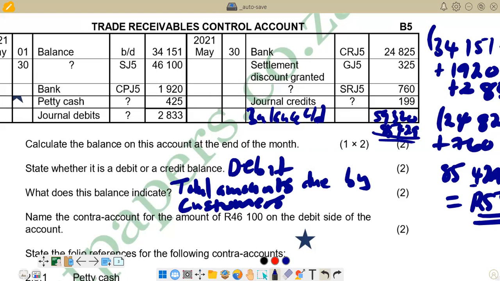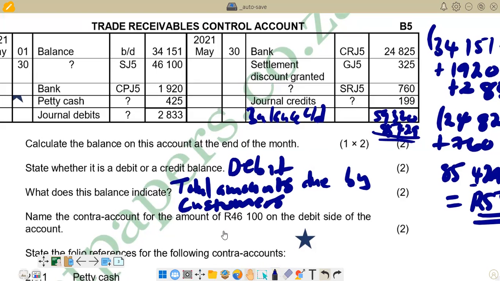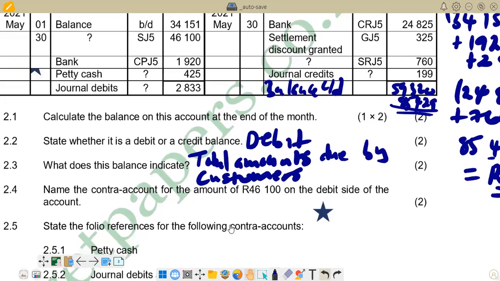Then we move on to the next question. The next question is 2.4 and it's saying name the control account of the amount of 46,100 on the debit side of the account. So 46,100 is here, and remember it's written sales journal.